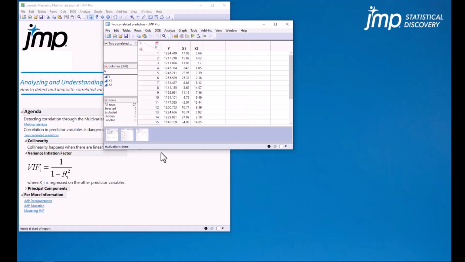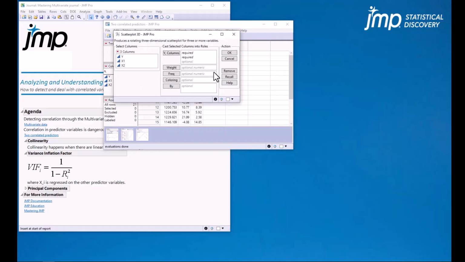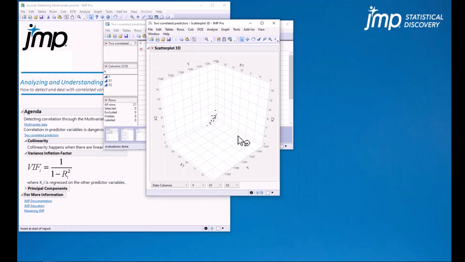So I'm going to look at this data set in more dimensions than just the scatterplot matrix. I'm going to go to the Graph menu and pull up a Scatterplot 3D. I'll put all the variables in the Y role, and this gives me a 3-dimensional scatter plot of the data.